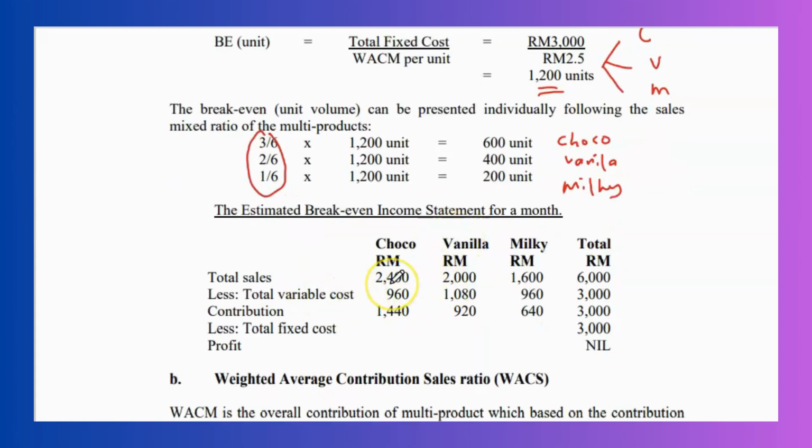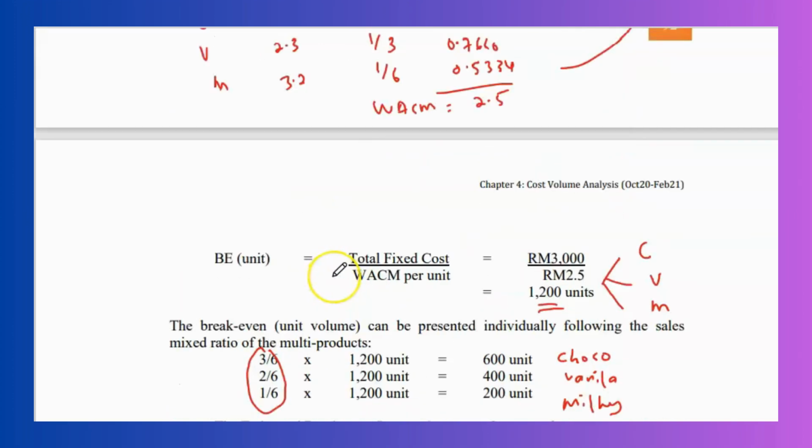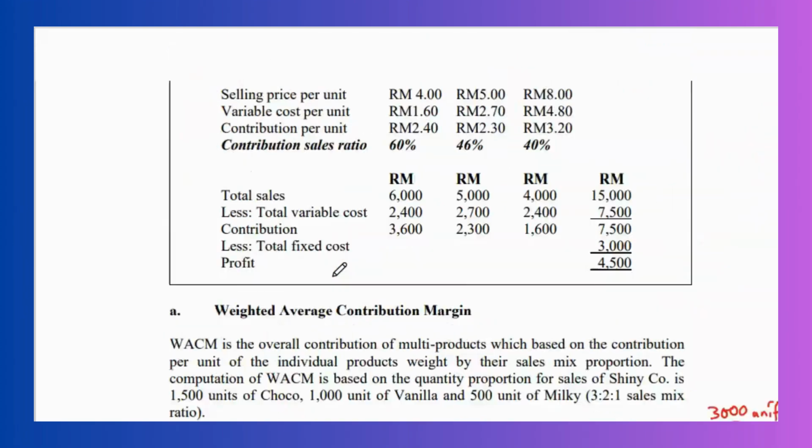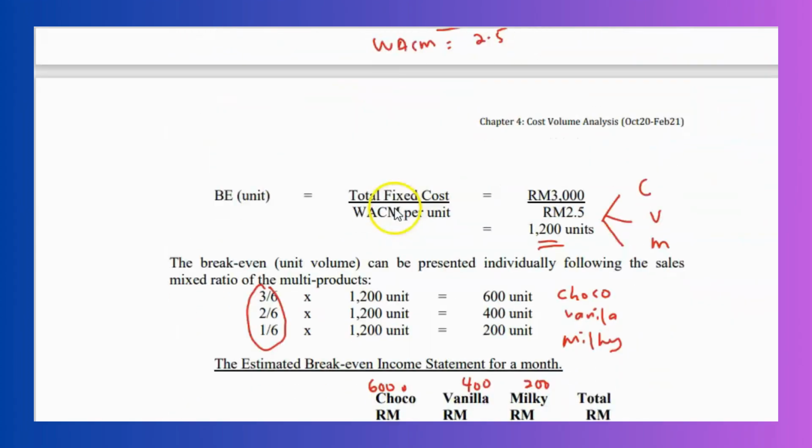So here we prepare the financial statement of the company. If you sell 600 units of cocoa, 400 units of vanilla, and 200 units of milky, this is the financial statement. How they get 2,400 is actually 600 units multiplied by the selling price of cocoa, which is 4 ringgit.